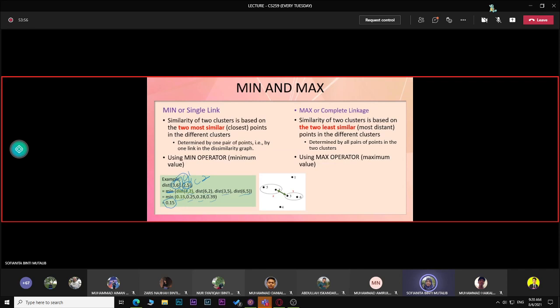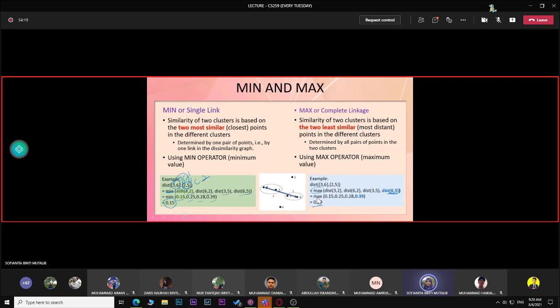Okay, meanwhile when you use maximum, the same, it's just that we change the operator here into max. Okay, so into max, then we will get distance object 6 and 5 will be the maximum, which is 0.39.